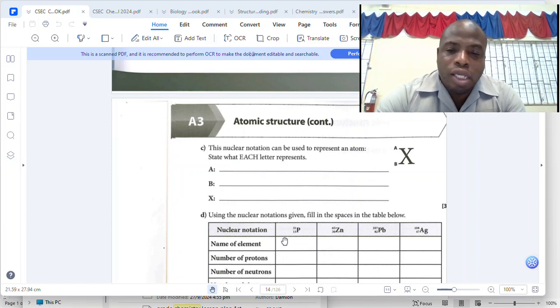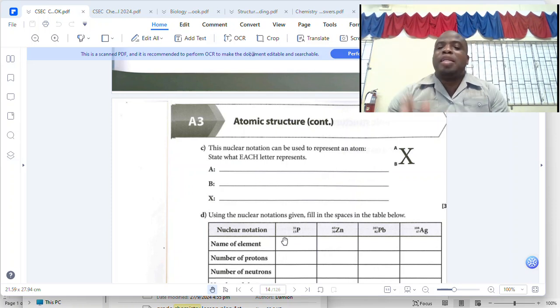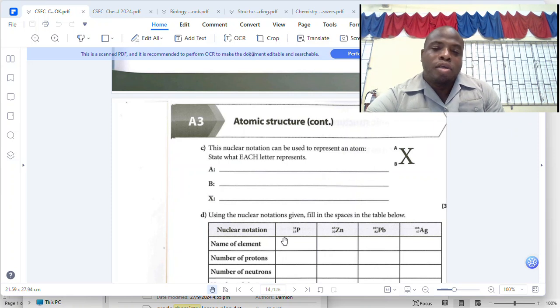If you have two letters representing the symbol of an element, like for example zinc, the first one should be a capital and the second one a common letter.